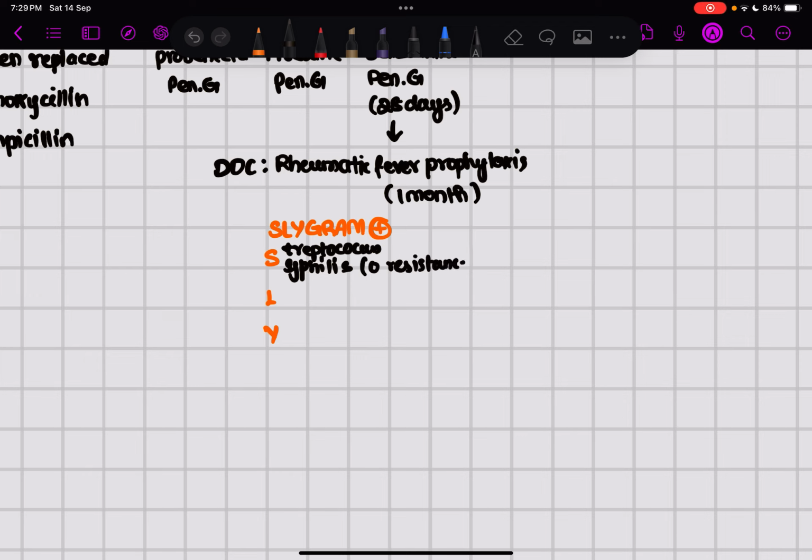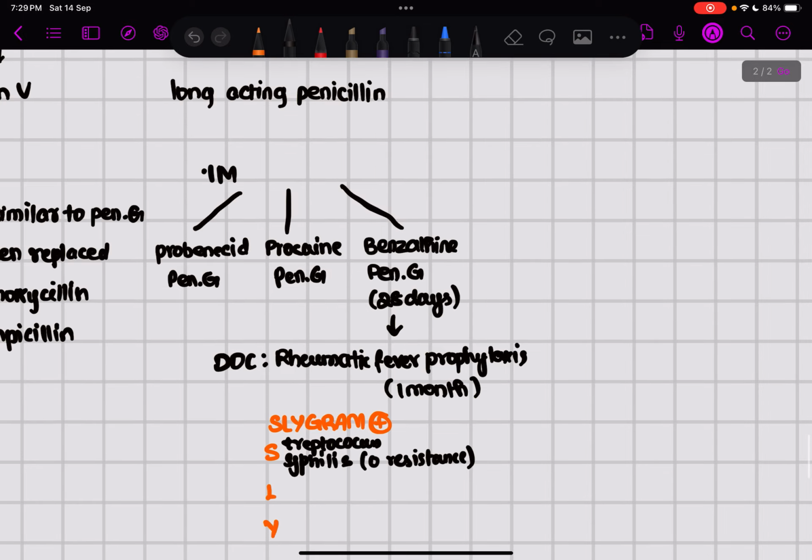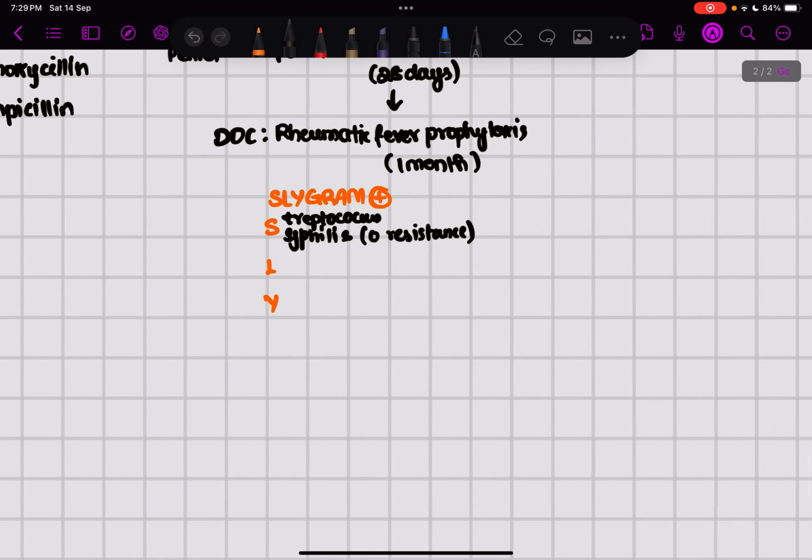That is, not even a small percent of resistance has been developed against penicillin G and benzathine penicillin, which are long-acting penicillins. Then we have leptospirosis, that is L, Y, then gram positive is for the mnemonic.